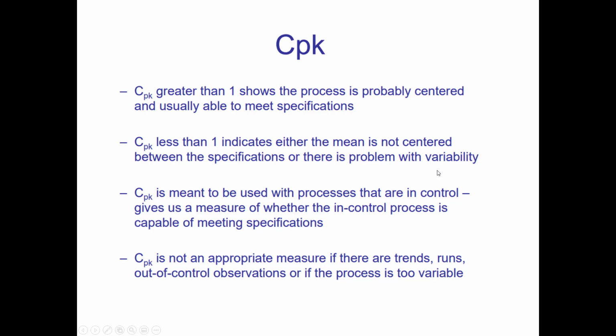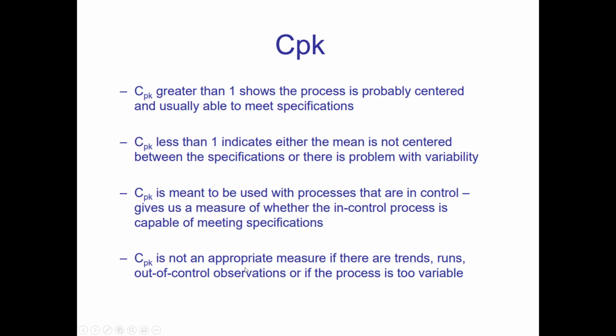One time your coffee machine makes your coffee at 50 centigrade, but at another time it requires 55 centigrade. When the heat reaches that level, it will prepare your coffee. So Cpk is meant to be used with processes that are in control, giving us a measure of whether the in-control process is capable of meeting specification.